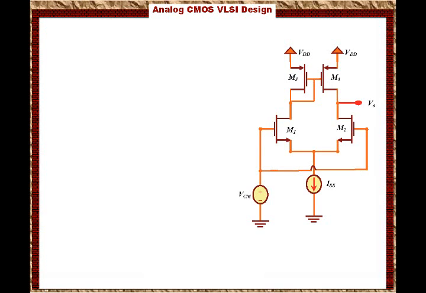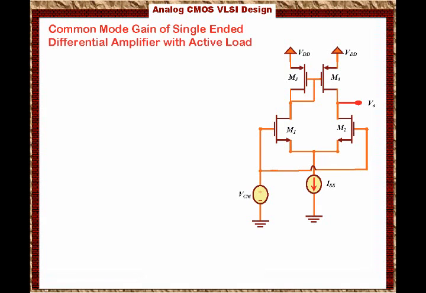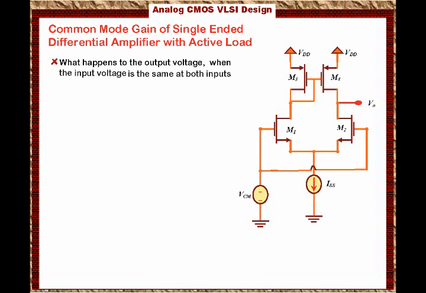Our last topic in this lecture is the common mode gain of the single-ended differential amplifier with active load. Basically, we are interested in what happens to the output voltage when the input voltage is the same at both ends. So we have a common mode input voltage to both ends, and we are interested in the output voltage.